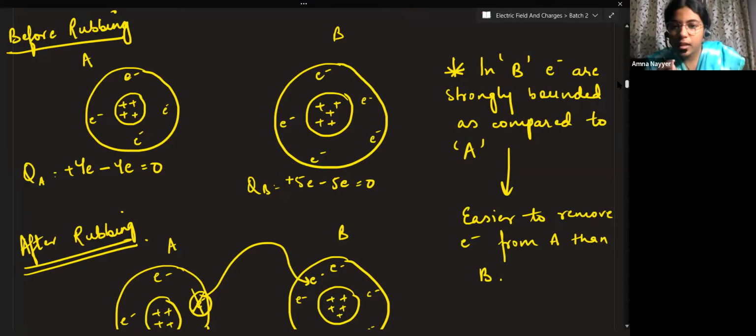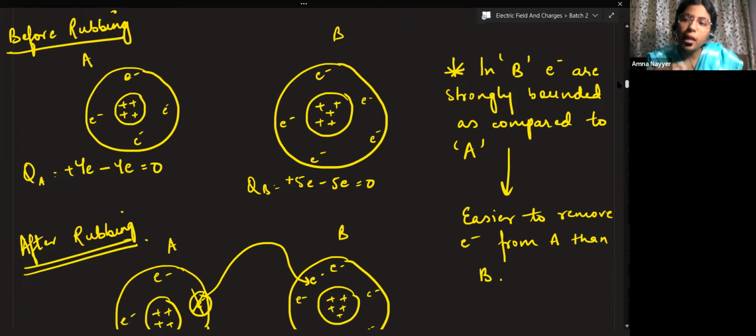So if you are given any case, in which we'll do a question also right now, then you have to identify which one is positive, which one is negative. You can identify how both are bound to each other. So from there you can identify that the body that is weakly bound will allow the electrons to move out.